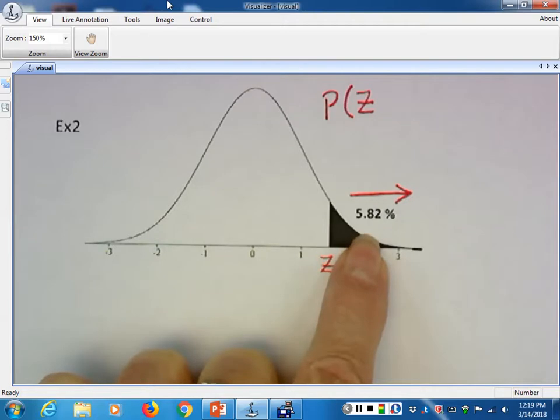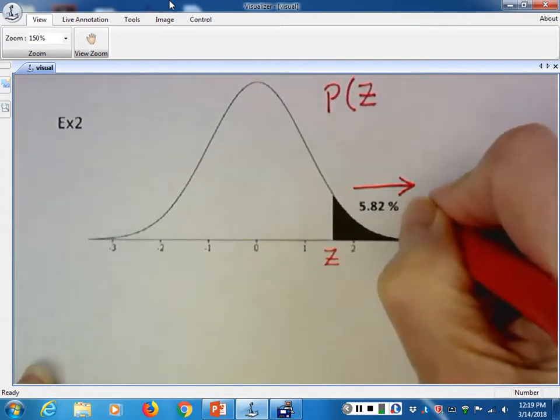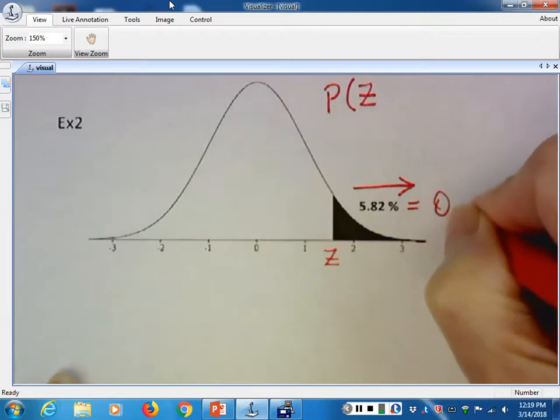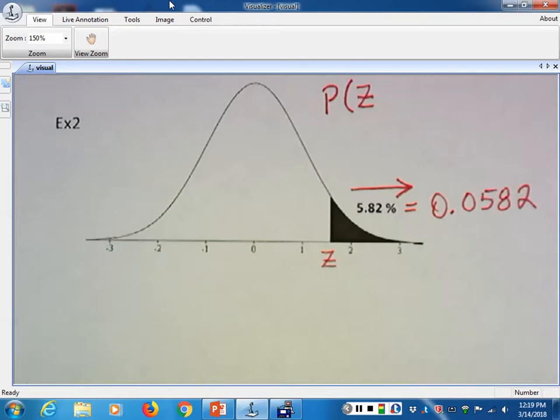5.82%. So notice they were sneaky. They put in a percent. They didn't put in the decimal. So you've got to change that. So the area to the right of z is 0.0582.